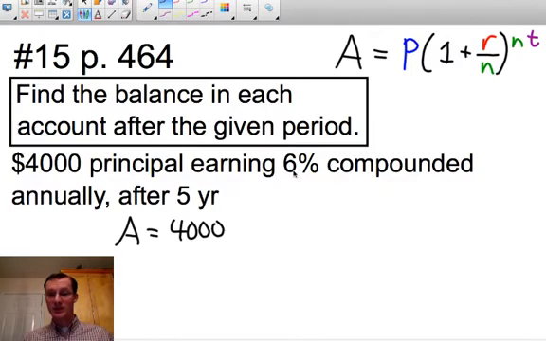Earning 6%, so 1 plus the 6%. Now it's annually, so that's one time every year. So N is going to be 1. And then how many years? It's going to be 5 years.